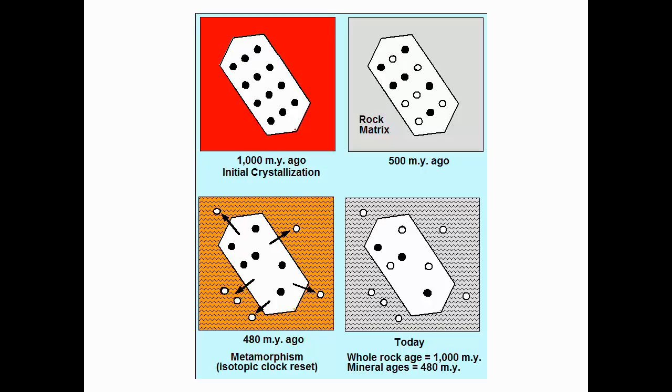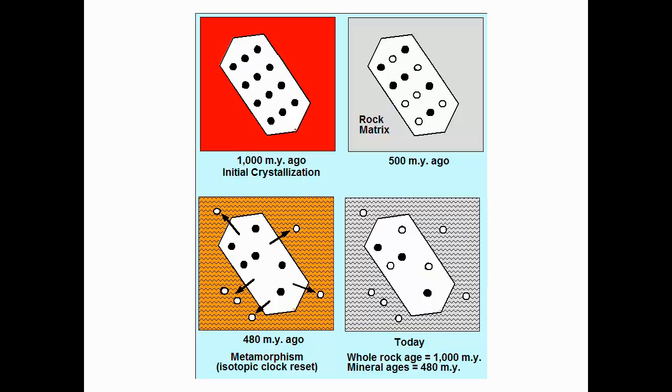On the other hand, if we took the entire rock and crushed it into a powder and analyzed that powder, we would not only be counting the daughter isotopes within the crystal, we would also be counting the daughter isotopes within the rock matrix.